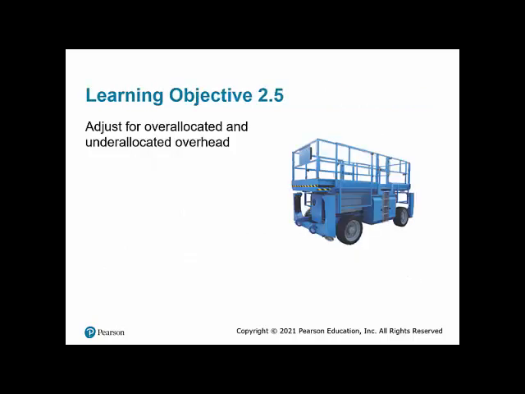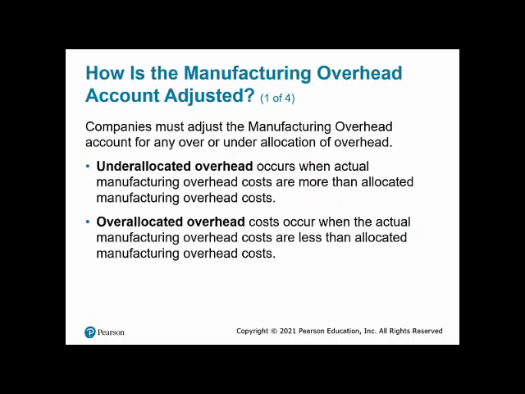In Learning Objective 5, we are going to learn how to adjust manufacturing overhead when it is over or under allocated. If you remember, Smart Touch Learning has been allocating manufacturing overhead to the jobs using a predetermined overhead allocation rate that is based on estimates. So at the end of the year, an adjustment would be required to manufacturing overhead.